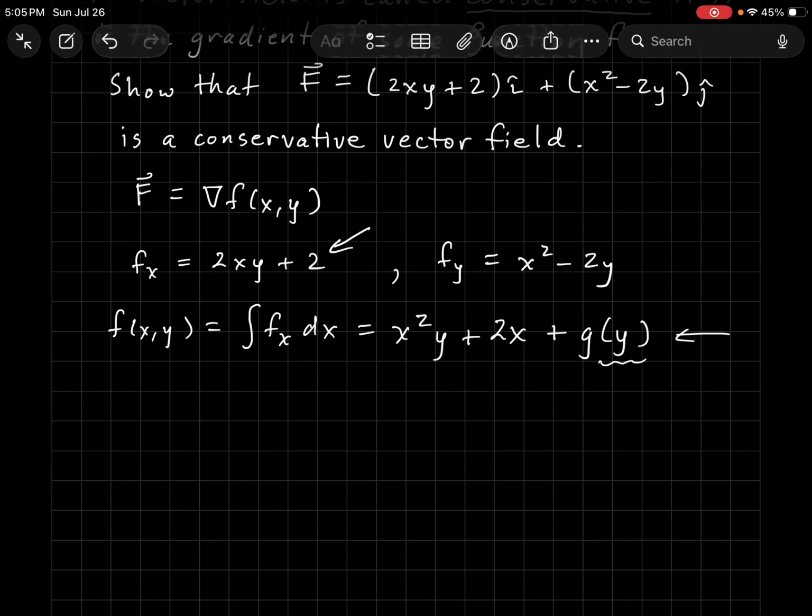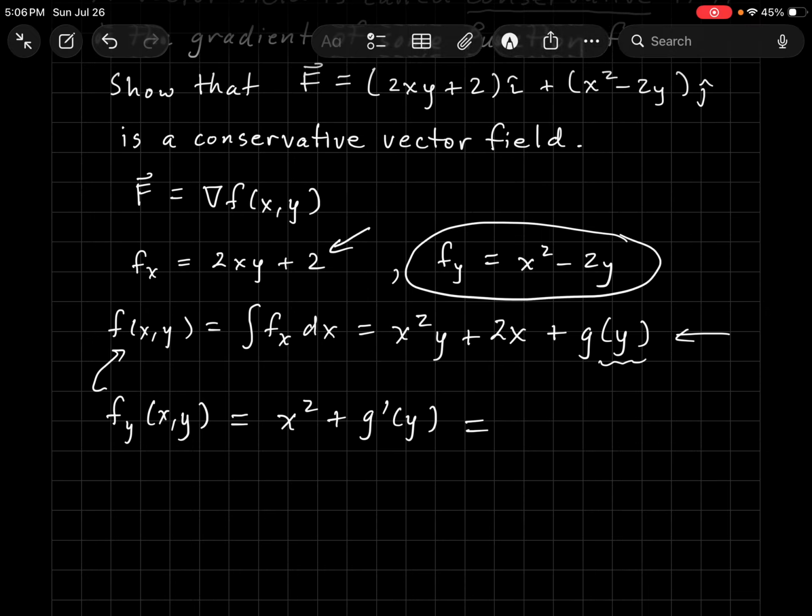So if I took now the partial with respect to y of this, we would get x squared plus 0 plus g prime of y. All right, some derivative of only y's. But I already know that f sub y must be this right here. It must equal x squared minus 2y. Which of course means that g prime of y is negative 2y.